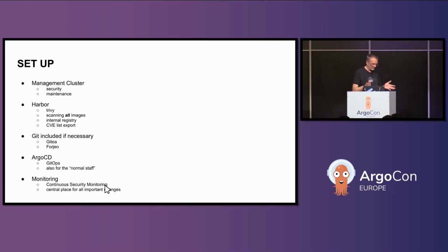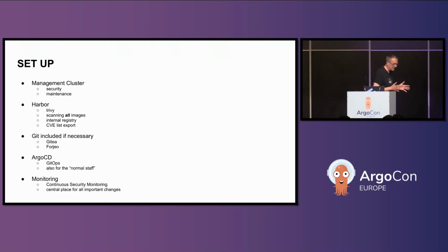For example, Harbor has an interface to curl the CVE list, and then you can export the CVE list and push it directly into a monitoring solution. And then the monitoring solution can be used to alert you if a new CVE is introduced last night. And then you can decide how you want to deal with the CVE.